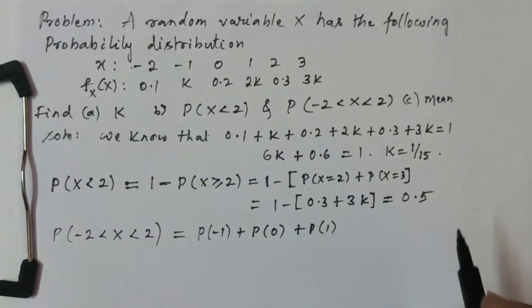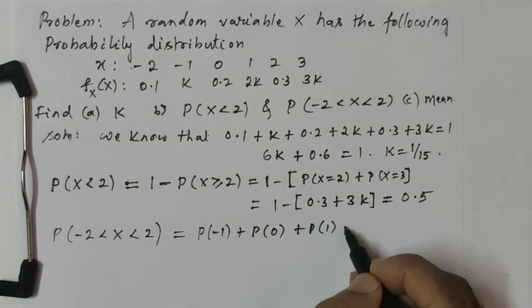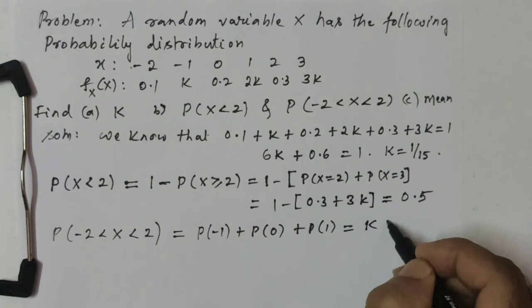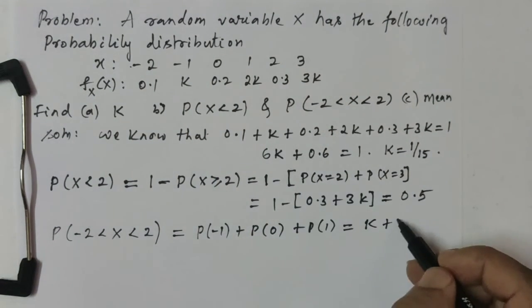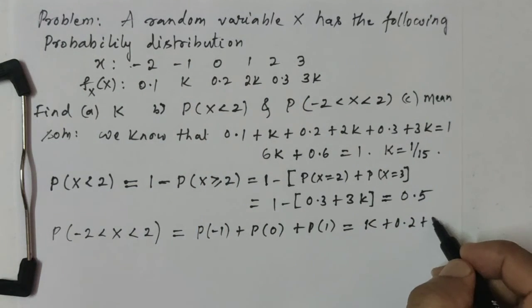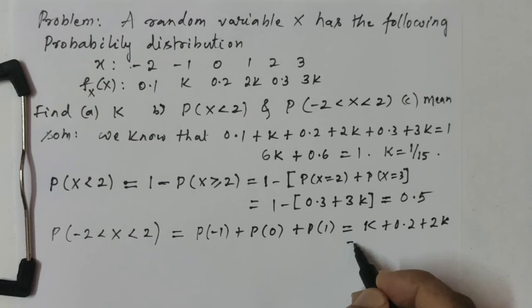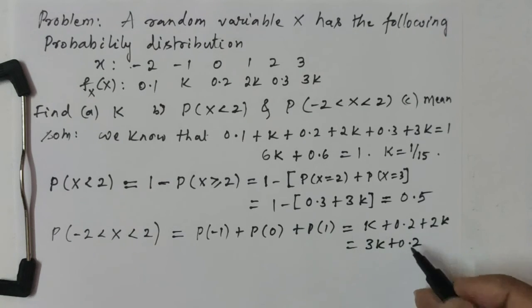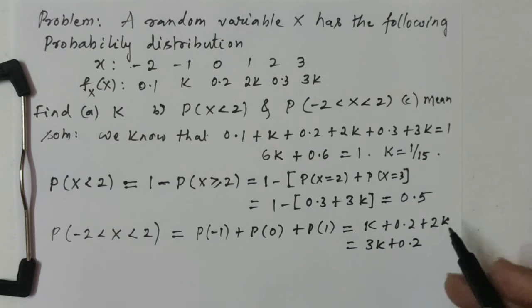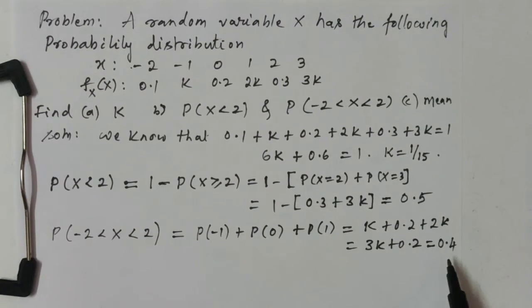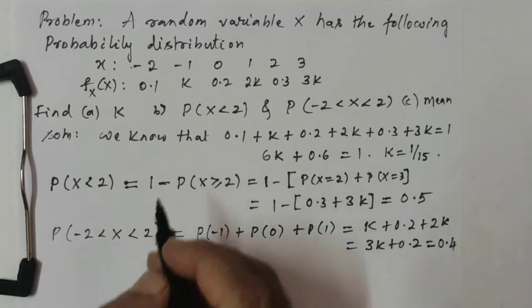Probability that x equal to minus 1 is k, probability that x equal to 0 is 0.2, plus probability that x equal to 1 is 2k. This is k plus 2k, 3k plus 0.2. Substitute k equal to 1 by 15 and simplify to get 0.4.